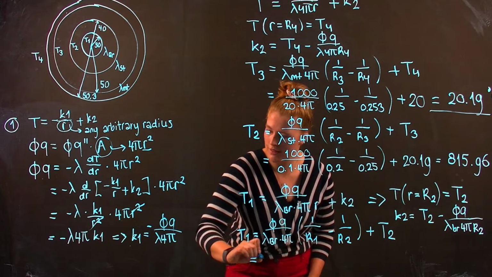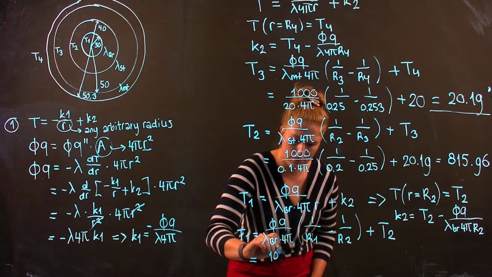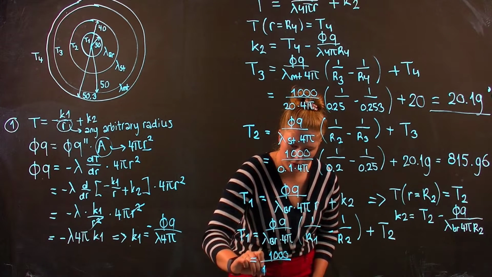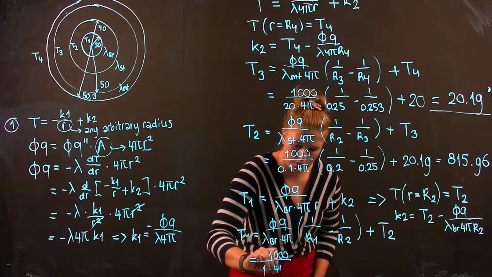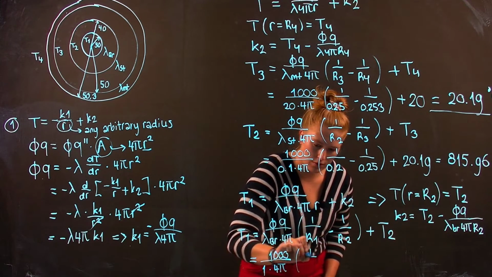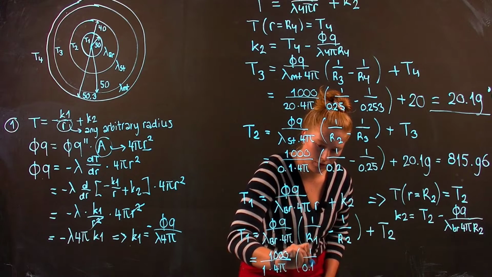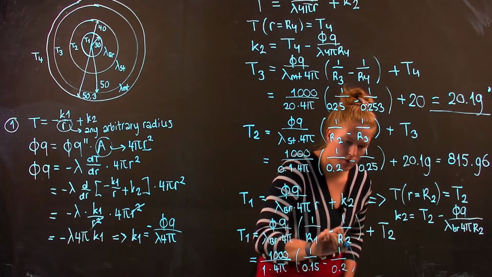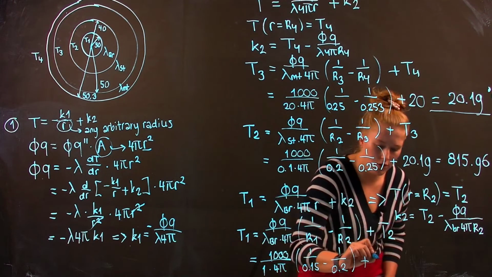If we fill this in again, we find 1000 divided by 1 times 4 pi, times 1 over 0.15 minus 1 over 0.2, plus our T2 temperature.